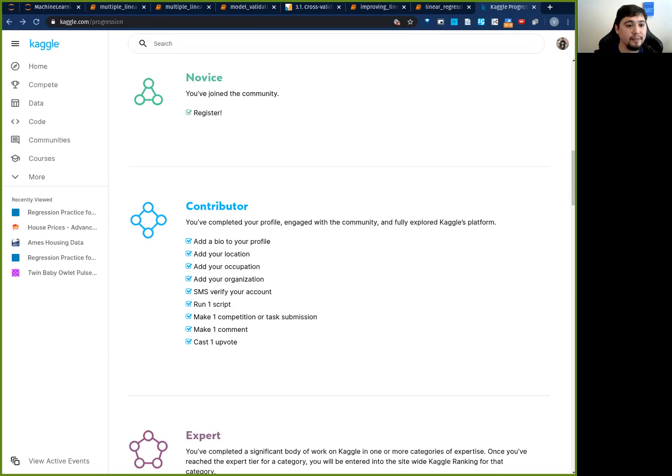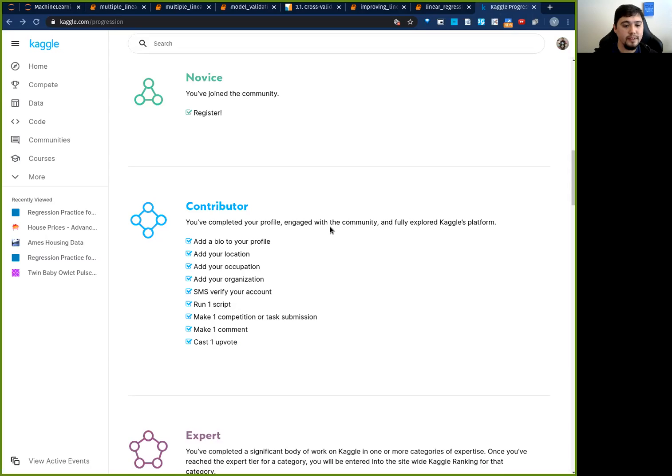Hopefully you feel a little excited about this competition coming up. We'll walk through it together. I'll show you an example of building from scratch, getting the data, building a linear regression model, and then submitting that submission to Kaggle.